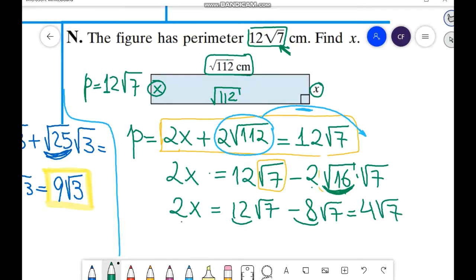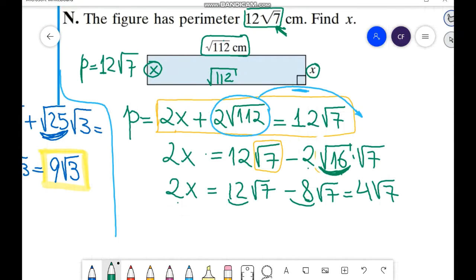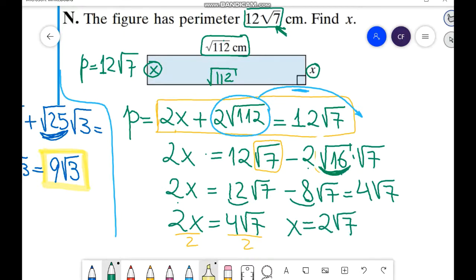So 2x equals 4 square root of 7. Divide both sides by 2. And then you're going to find x equals 2 square root of 7. That's the answer. 2 square root of 7 is the right answer.